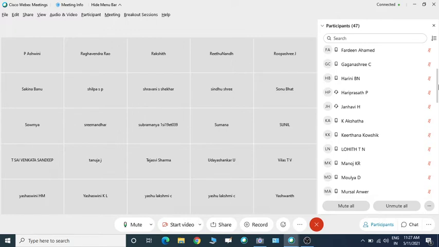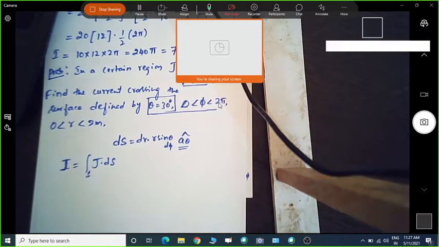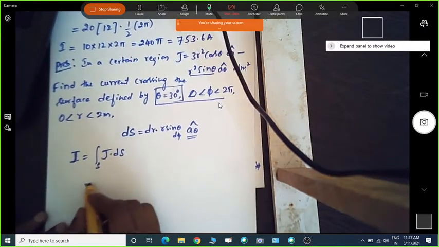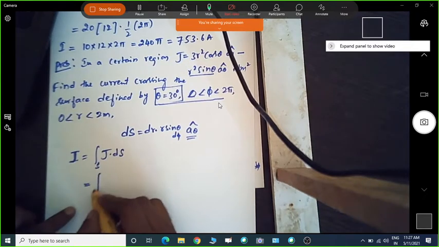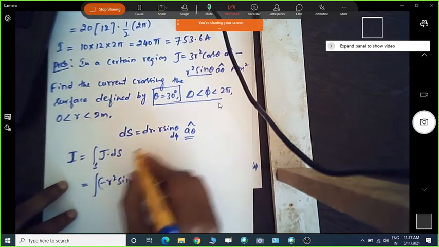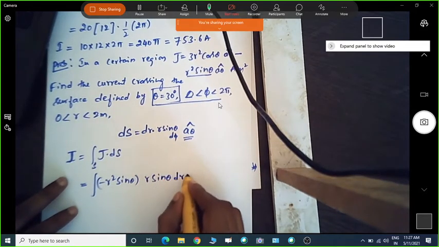Okay, let us do it. So now we need to substitute the current density, which is minus r square sin theta, into ds, which is given by r sin theta into dr into d phi.